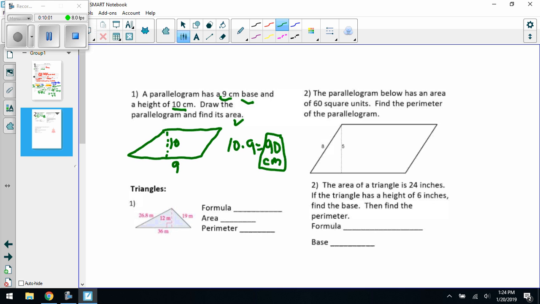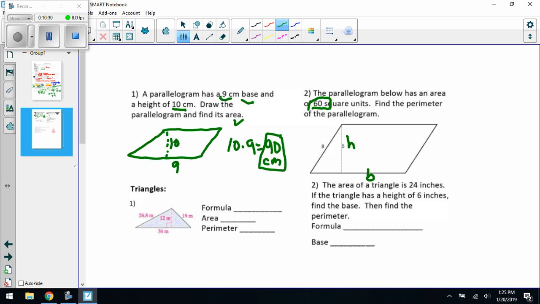Number 2, the parallelogram below has an area of 60 square units. Find the perimeter of the parallelogram. Okay, so we are going to label that the 5 is the height and the 8 is not our base. However, we can figure out the base by labeling the bottom B and setting up an equation.